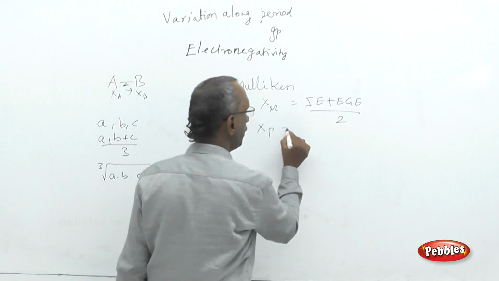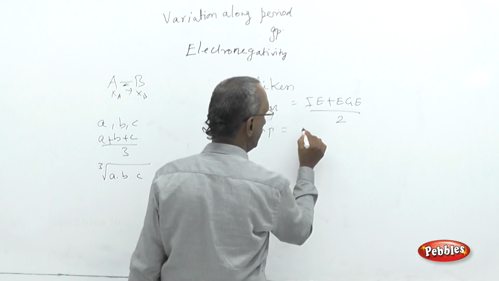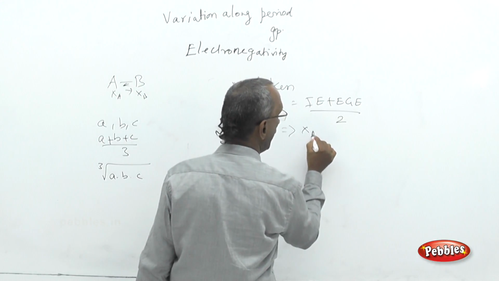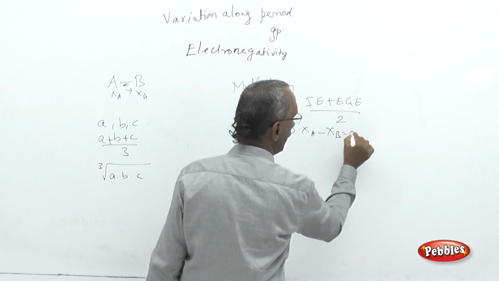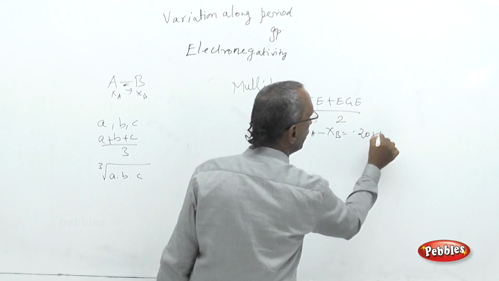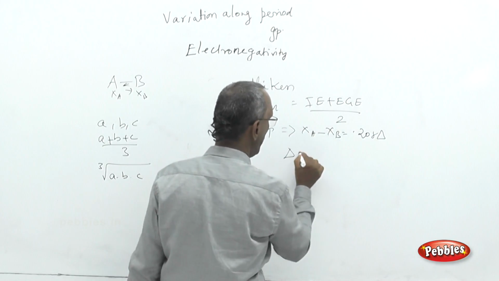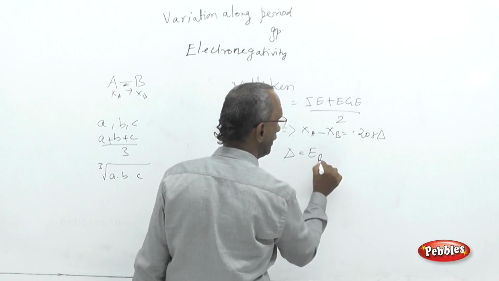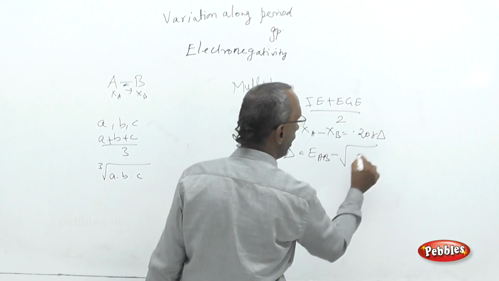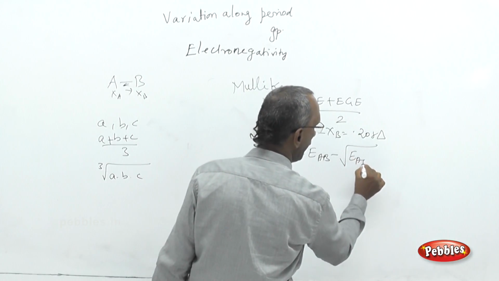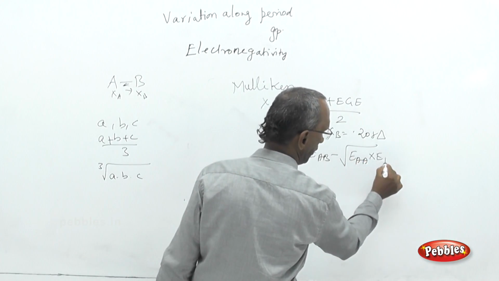Whereas Pauling's electronegativity is as usual defined as Xa minus Xb equal to 0.208 delta, delta being the difference between EAB and the geometric mean of EAA and EBB.